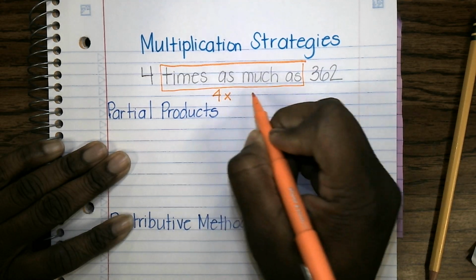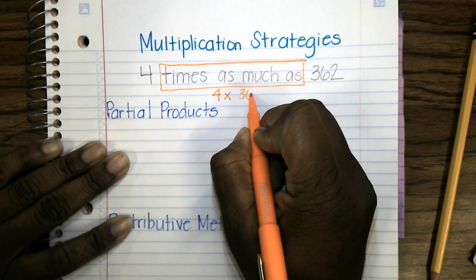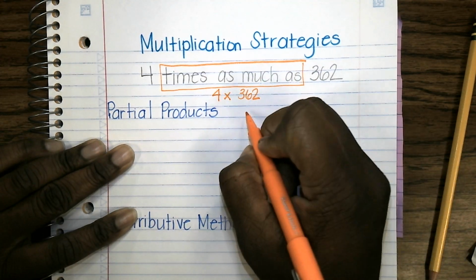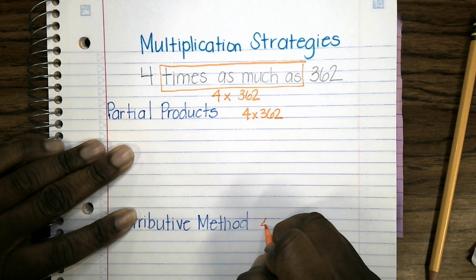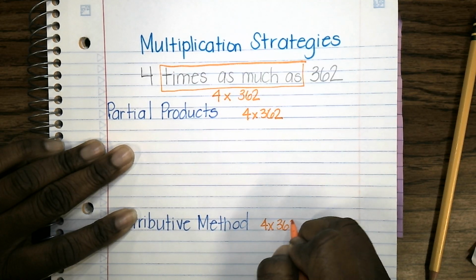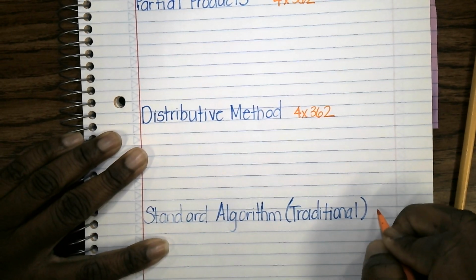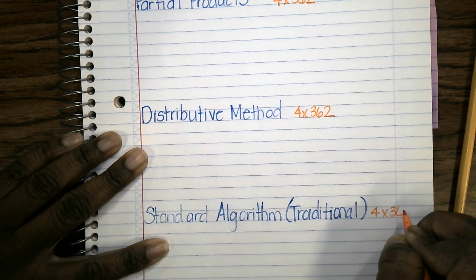And so we're multiplying 4 times 362. That will be the problem that we're setting up here, and we're going to use the same one to get the same answer 3 different ways.